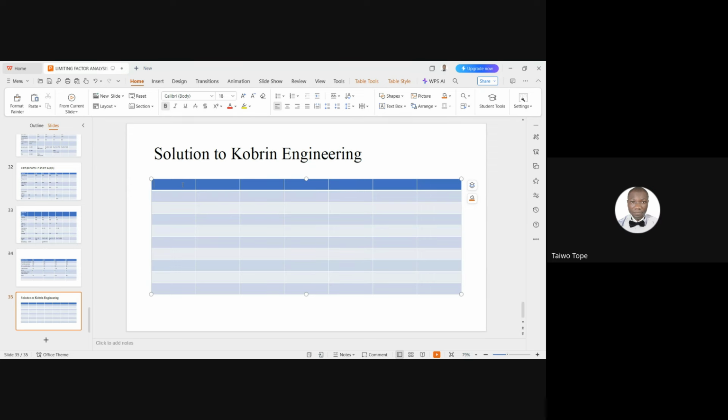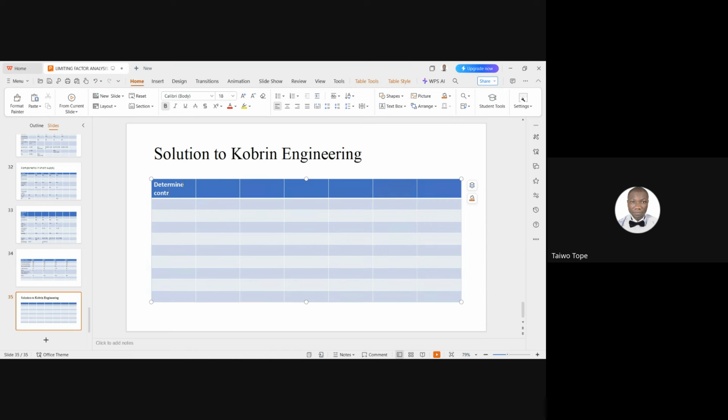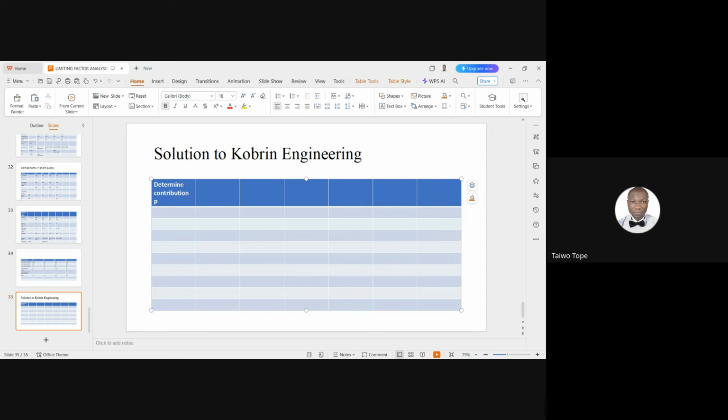Whichever approach you adopt, you get the same result. So determine contribution per unit.